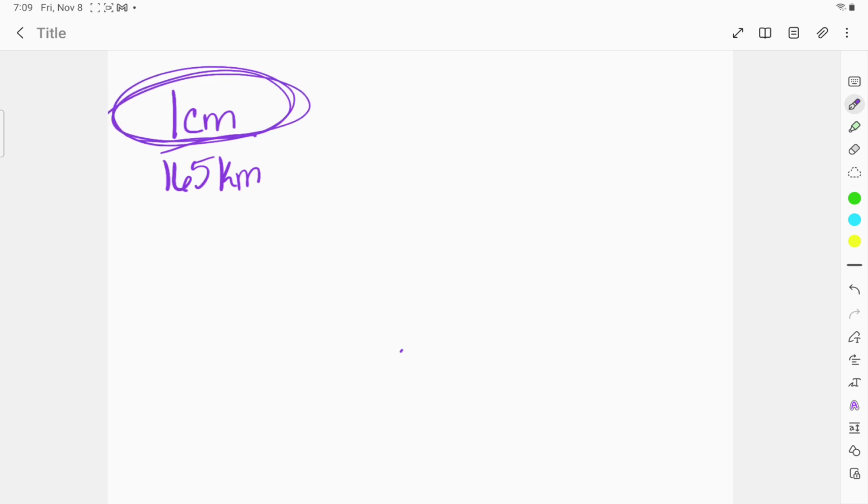It tells us that for every 1 centimeter on this map is actually 165 kilometers. So you measure from Mexico City to Monterrey, and you should get 4 centimeters. If you did not get 4 centimeters, try again, because it is 4 centimeters.